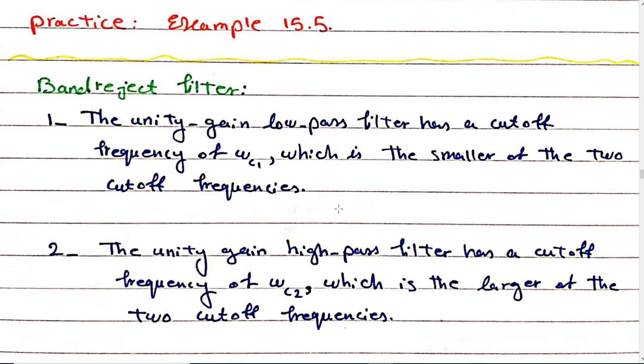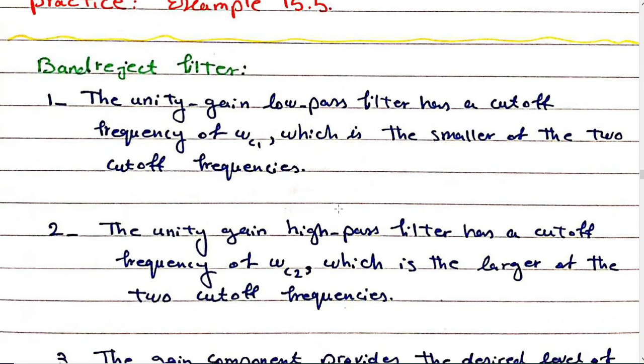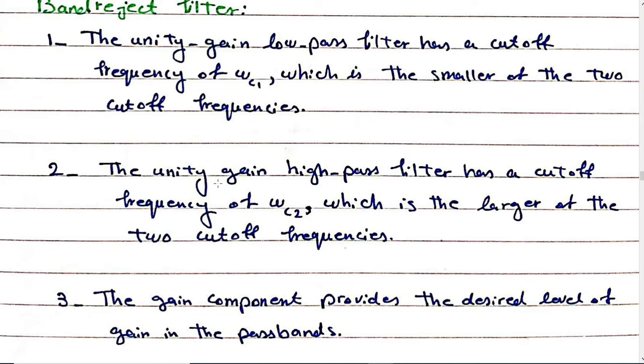Now for the band reject filter, again we use the unity gain low pass filter, which has the cutoff frequency of omega C1. For the band reject filter, the low pass filter is responsible for producing the lower cutoff frequency omega C1, and we use the unity gain high pass filter, which produces omega C2, the higher cutoff frequency.